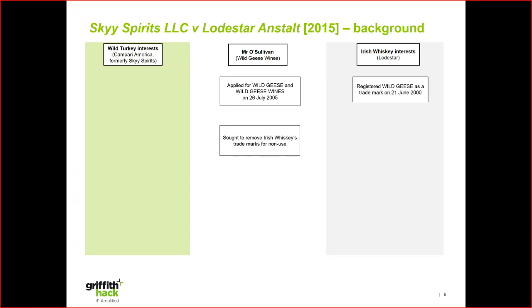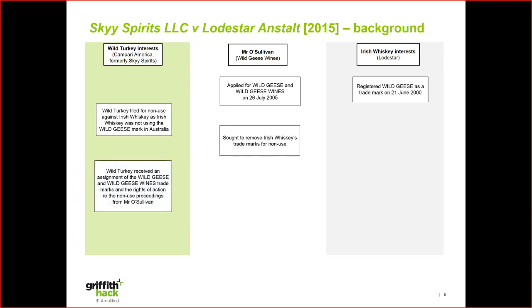And when he was investigating that, he realised that there was an ongoing dispute between wild turkey and Irish whiskey, which he didn't really want to be a part of. He noticed that because wild turkey was in a non-use dispute with Irish whiskey already.